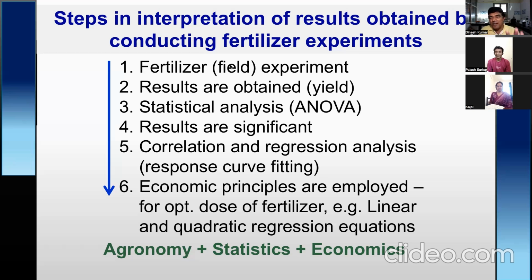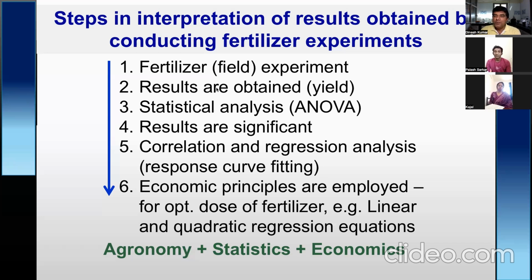Now you have conducted fertilizer experiment and then you have obtained the results. Results in terms of yield, mainly with respect to yield or maybe growth, whatever is your objective. Depending upon objective, you can record the yield. Maybe in some cases in potato, it may be tuber yield. In case of fodder, it may be fodder yield.